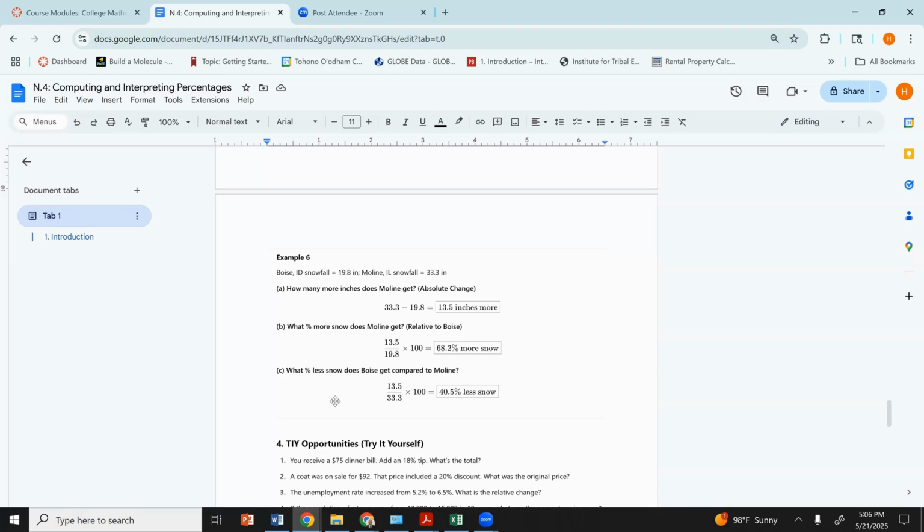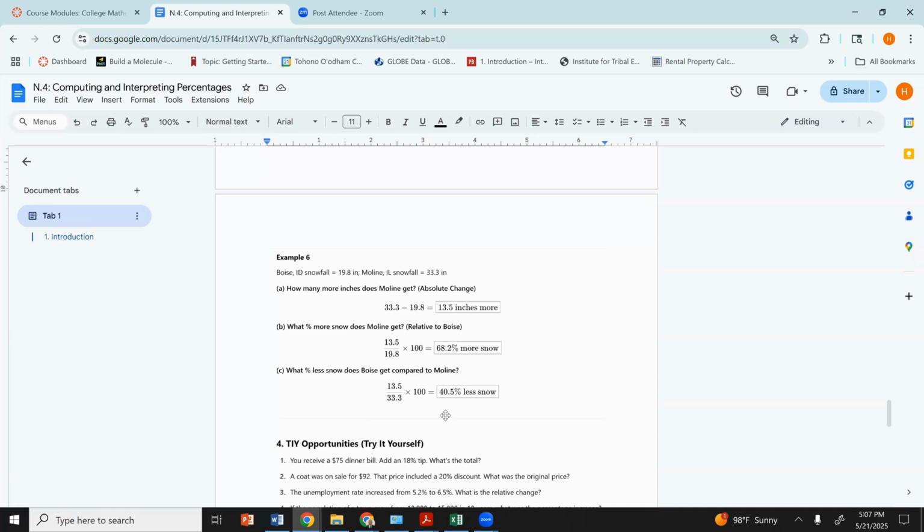We're comparing it to Moline, which is getting this much more snow, and this is the original snow amount, times 100.